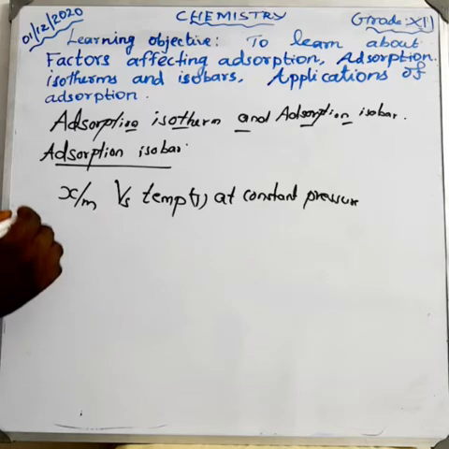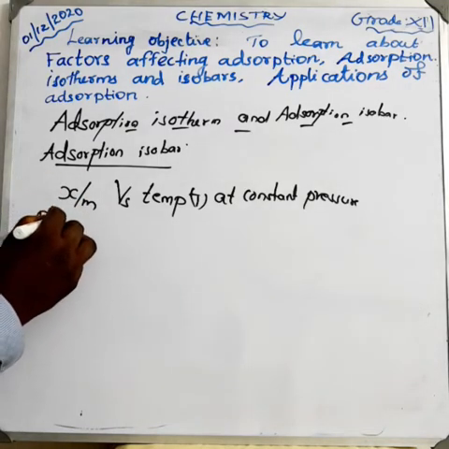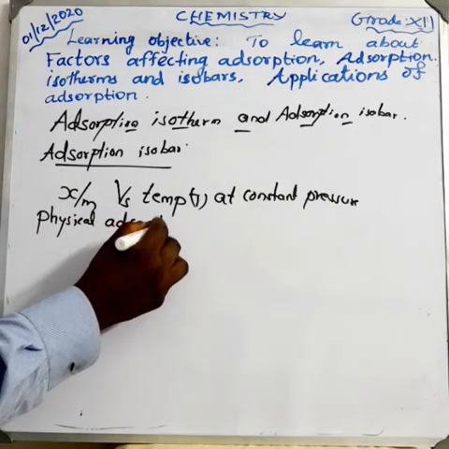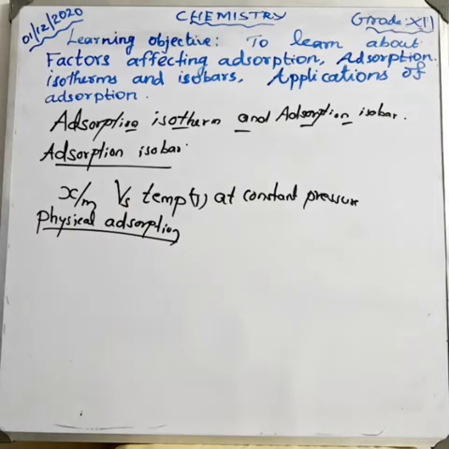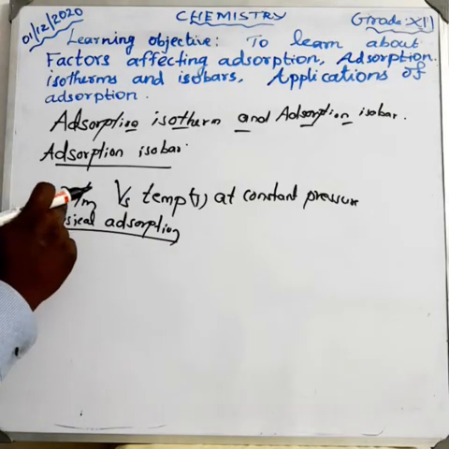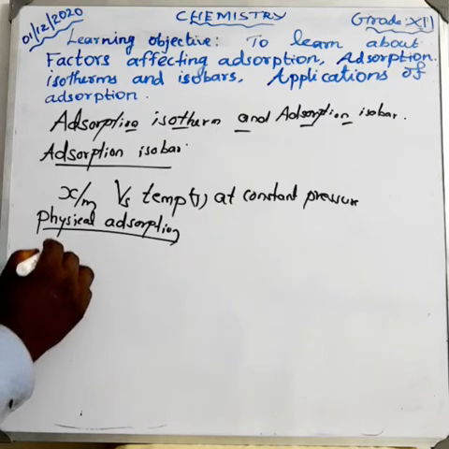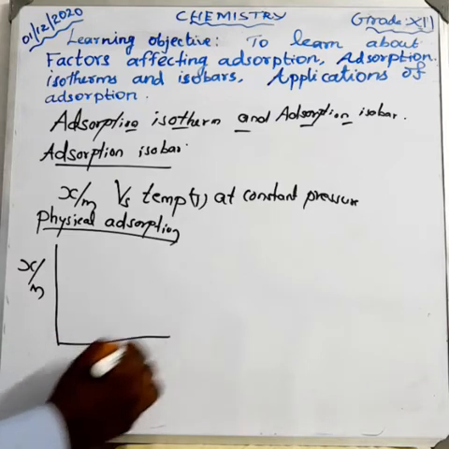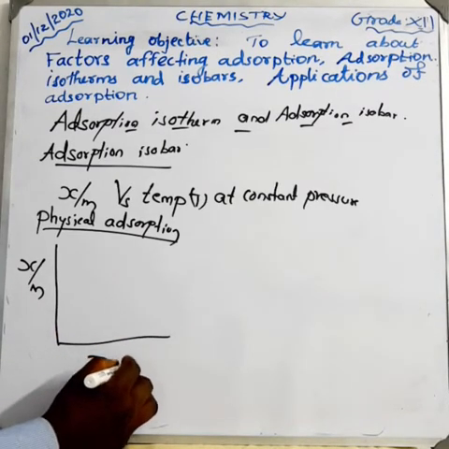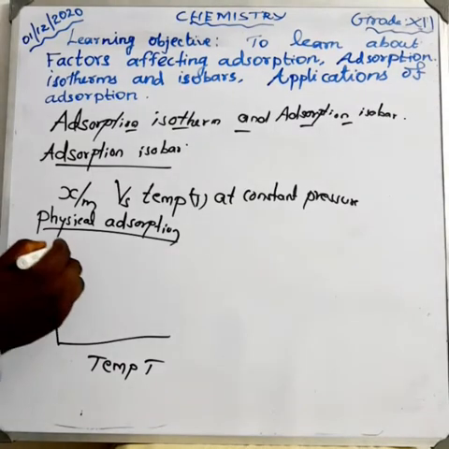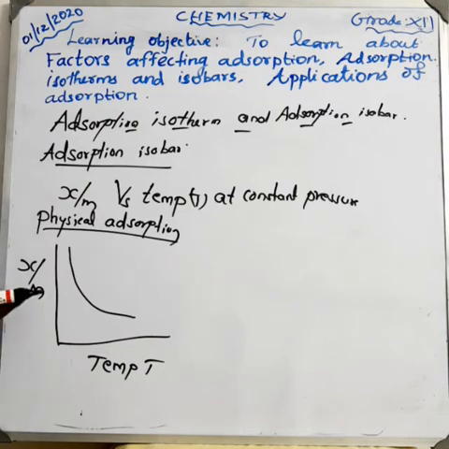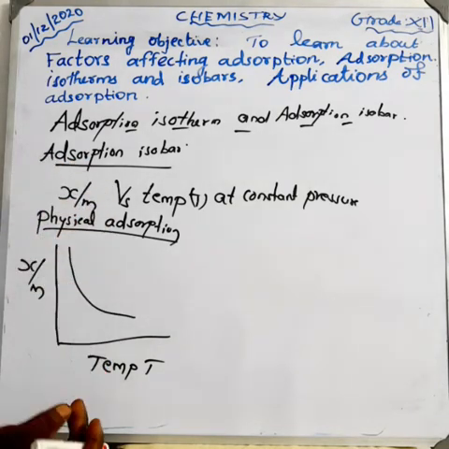What is the graph for physical adsorption? Physical adsorption. When you draw the graph of x by m, the amount adsorbed, against the temperature T, we get a curve like that. Here x by m decreases with increase in temperature.